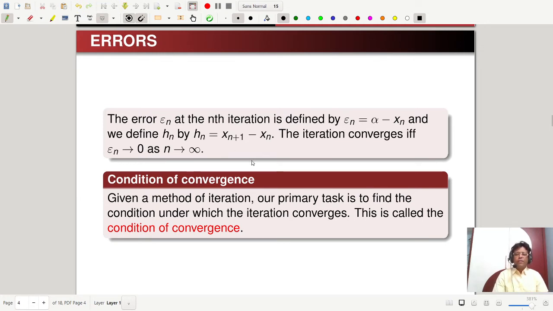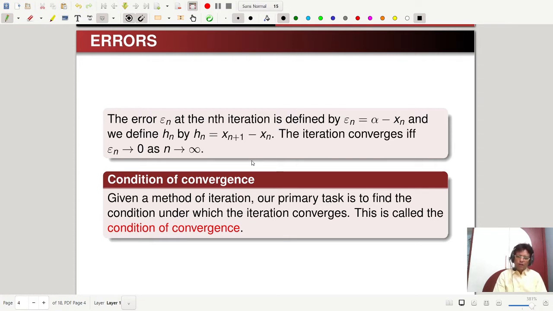So whenever the iteration converges, the necessary and sufficient condition for the convergence of iteration is that the nth term of the error tends to 0 as n goes to infinity. The error can be calculated by alpha minus x_n. That is, you already know that error is calculated by the true value minus the approximate value.